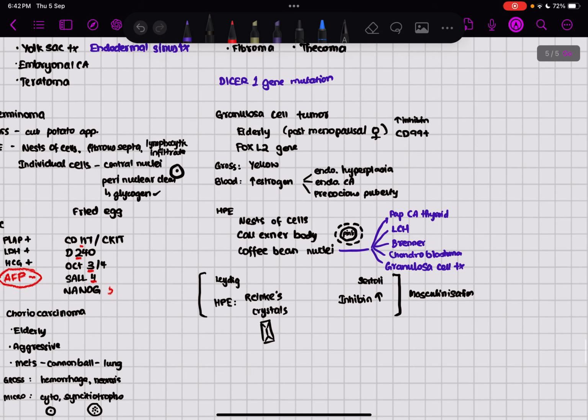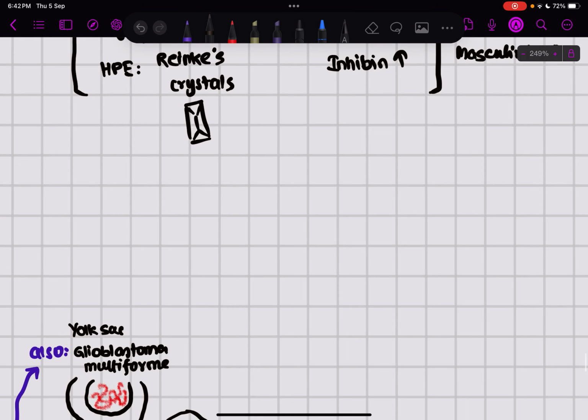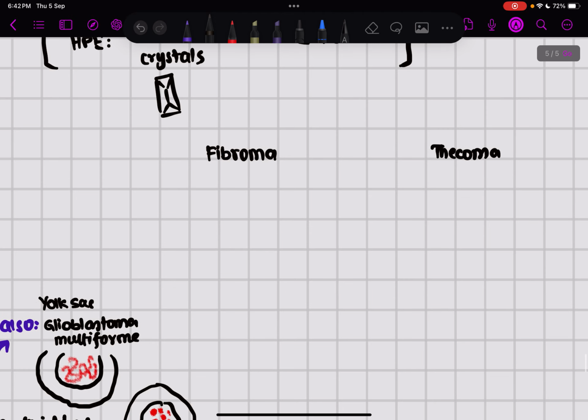With this, we move on to fibroma versus thecoma. Both of them are solid and unilateral. Also, Brenner's is solid and unilateral.